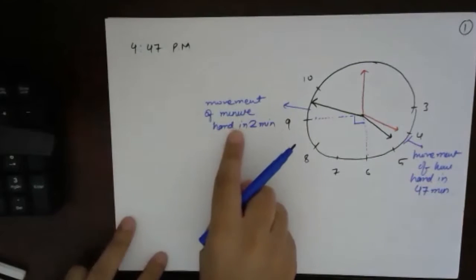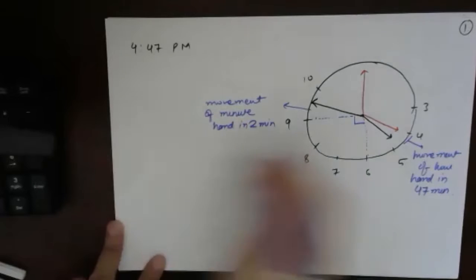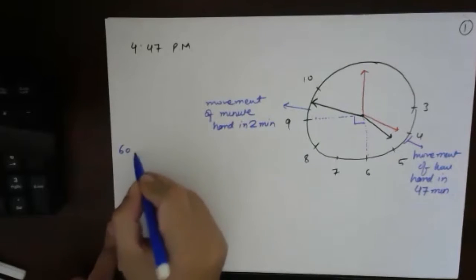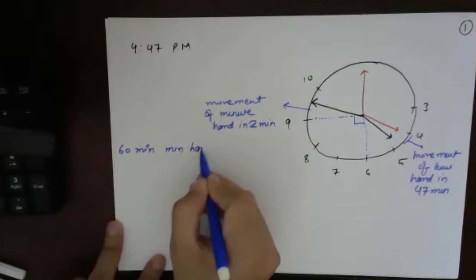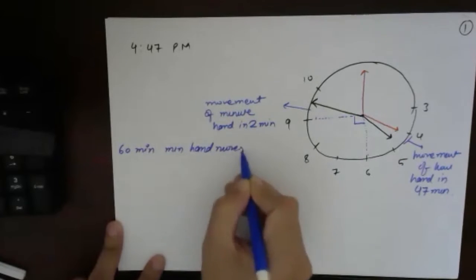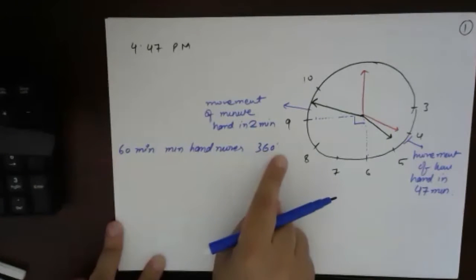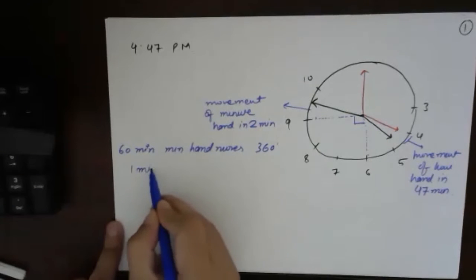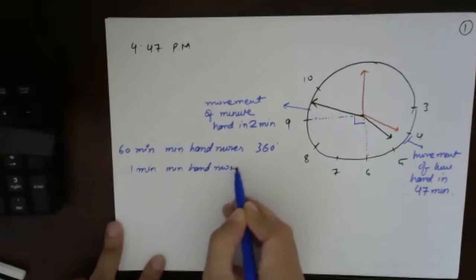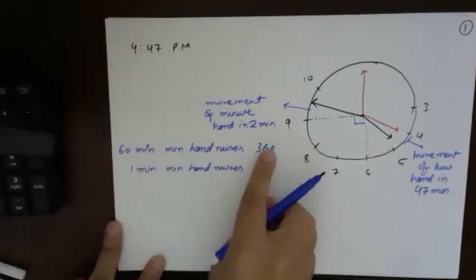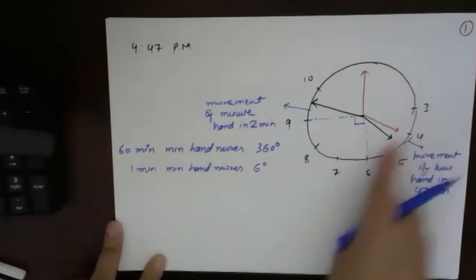First let's see how much movement the minute hand will do in 2 minutes. In 60 minutes, the minute hand moves 360 degrees, one complete circle.